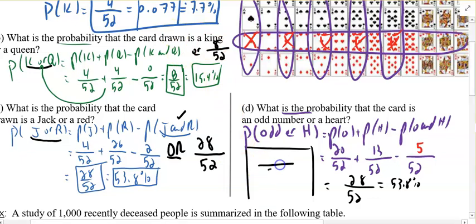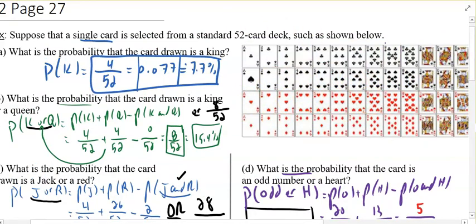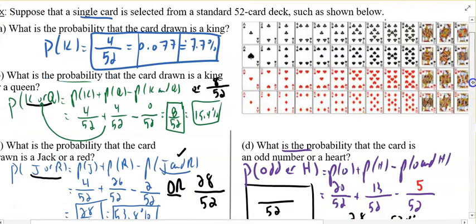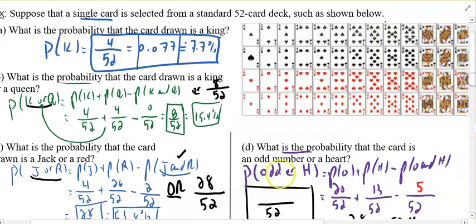I could say out of 52 cards, I'm going to do the counting by hand. Meaning, let's see how this works. If I take this color, I want to know what's the probability of an odd or heart.